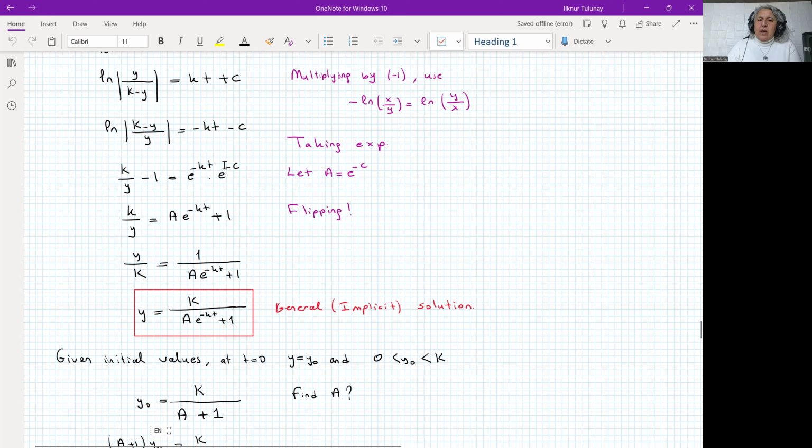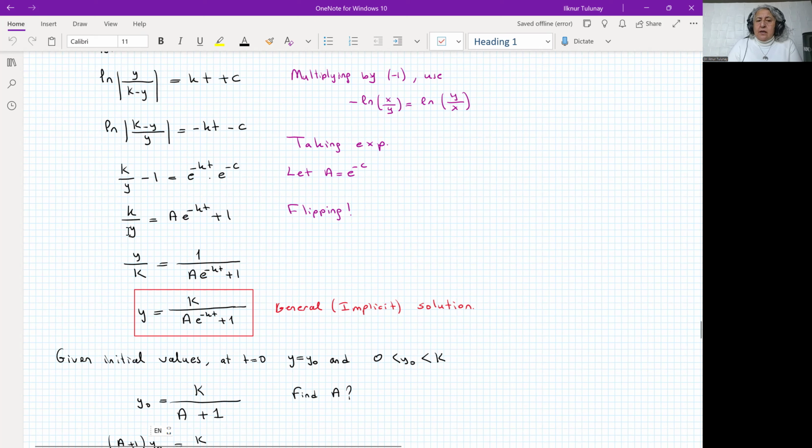So exponential of minus c is just a constant. I can use another name for that constant. Let's say a will be another constant representing exponential of minus c. So that's a here, times exponential of minus kt. This minus 1 will go up, so there is a plus 1.